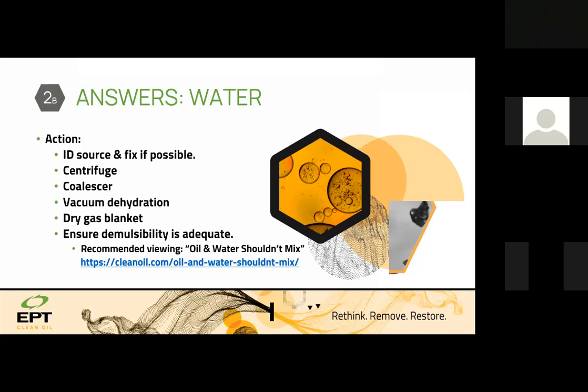We have a test for it called the demulsibility test for turbine and compressor lubricants. So we want the demulsibility to be there. We can test for it. And if the demulsibility is good, those centrifuges and coalescers can remove the water.